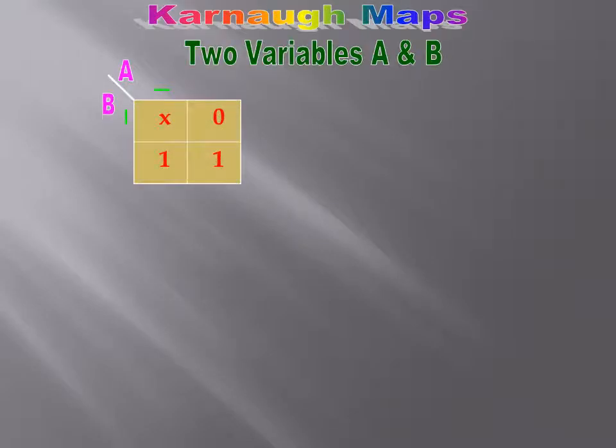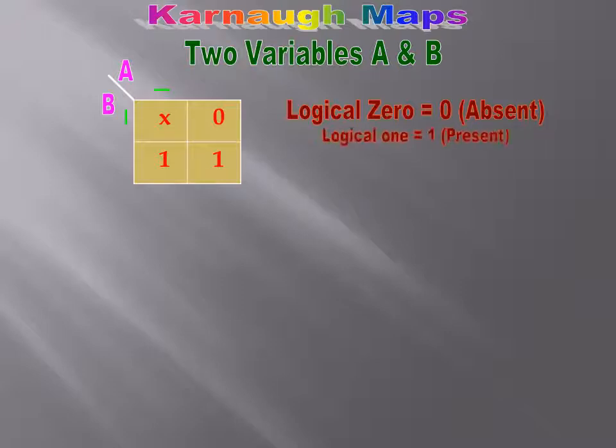Let's move forward. Take a Karnaugh map and understand it. This is a Karnaugh map of two variables in which all the cells can have three types of values. There can be a 0, which means the term is absent in the expression. There can be 1, which means this term is present in the expression.